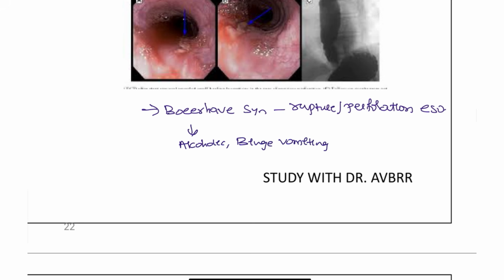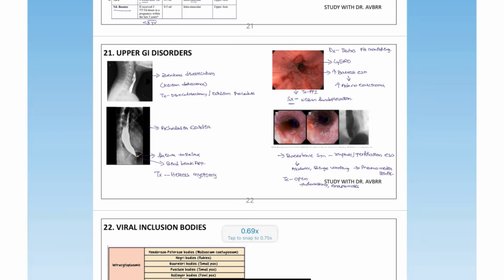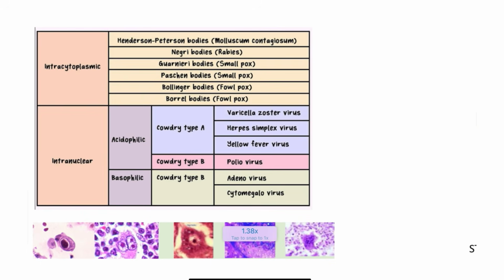The treatment for this patient is open thoracotomy and repair. And the complication is that it can cause pneumomediastinitis. That is Boerhaave syndrome.